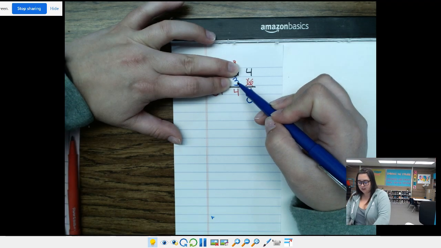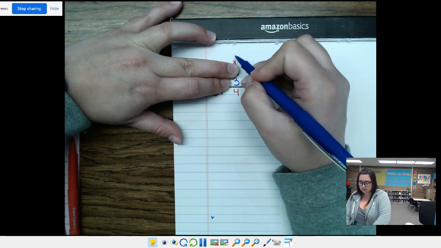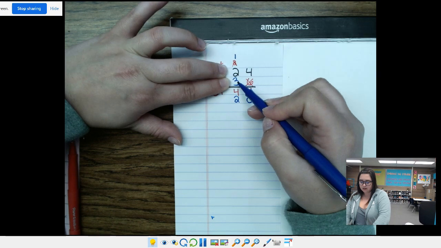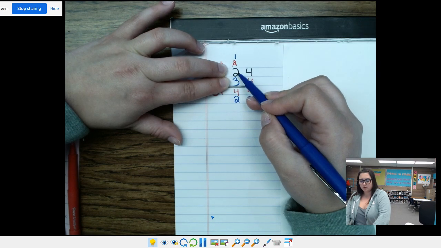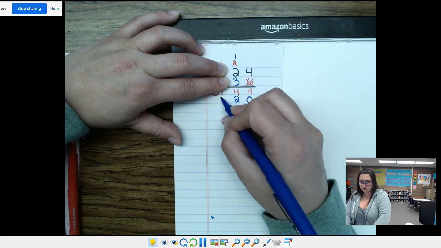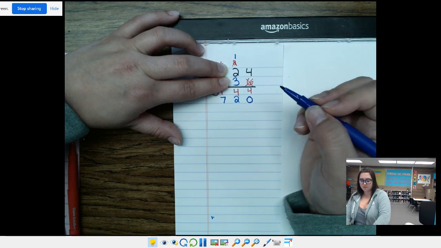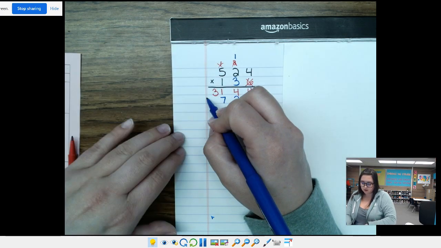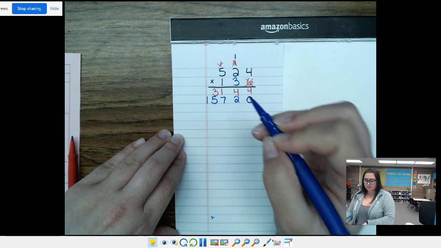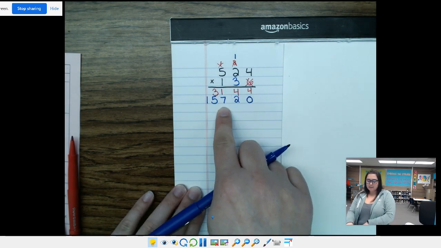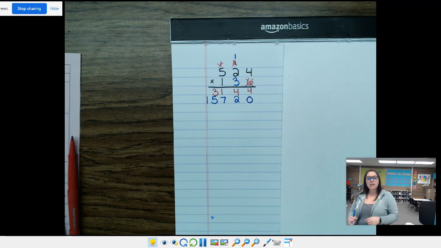So I'm doing 3 times 4 is 12. 3 times 2 is 6, plus 1 is 7. 3 times 5 is 15. Look at how I wrote my numbers. I'm making sure that they're stacking nicely in columns so it's easy to add once I'm done.